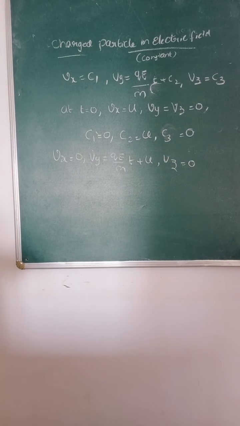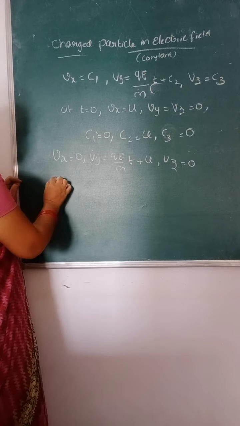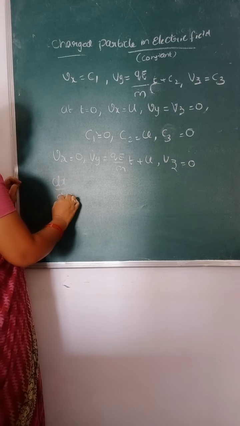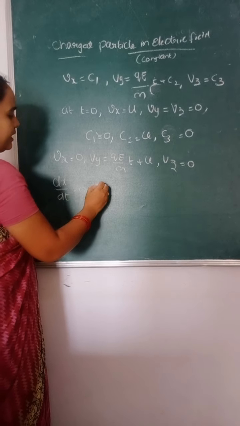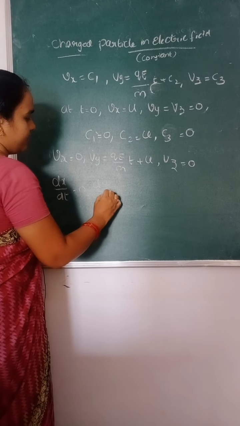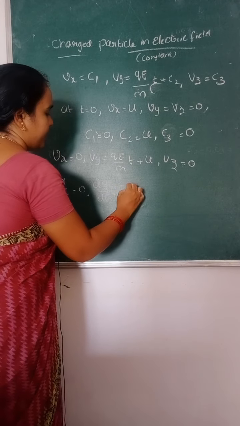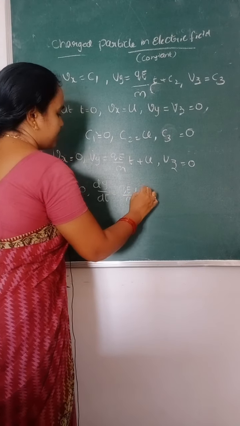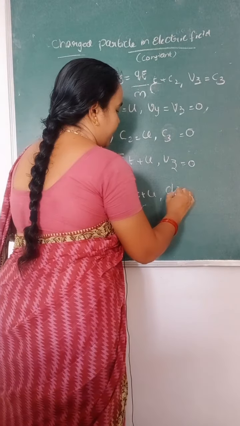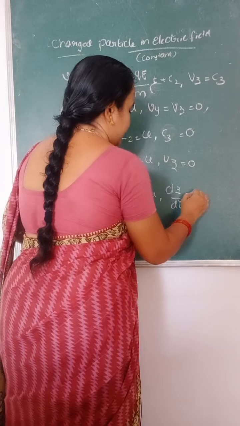Then Vx is equal to 0, that is dx by dt is equal to 0, dy by dt is equal to QE by m into t plus u, and dz by dt is equal to 0.